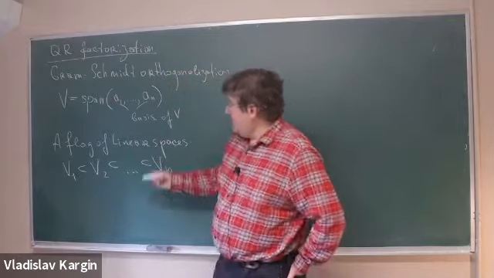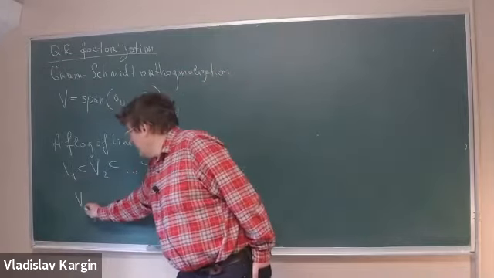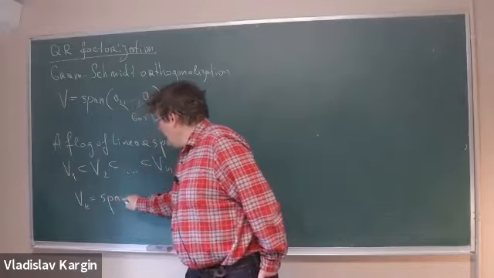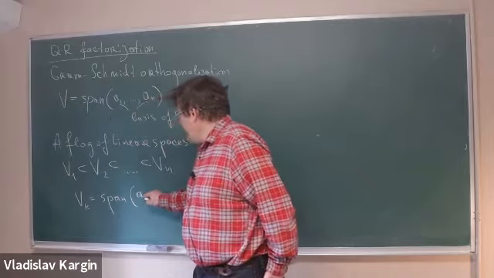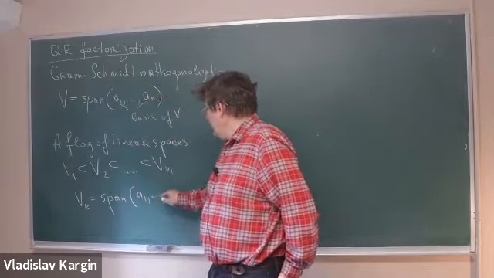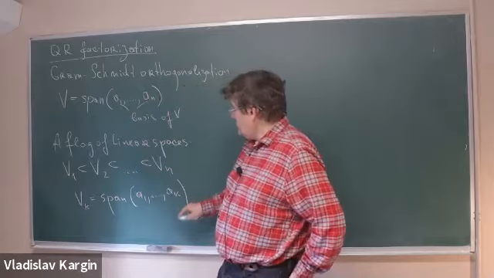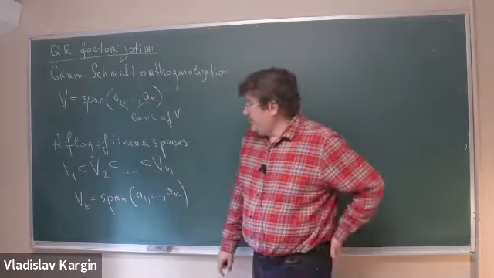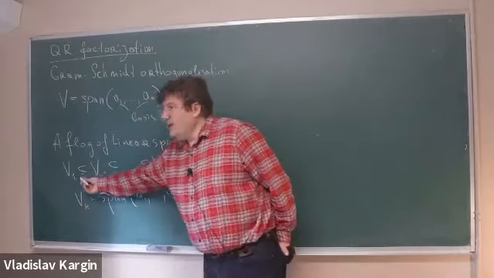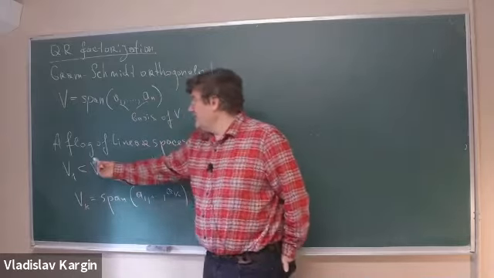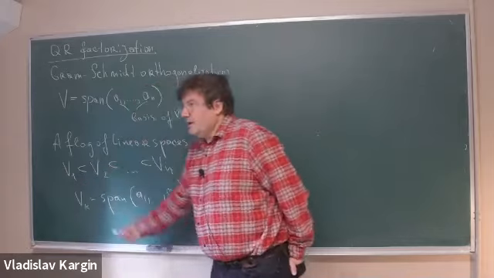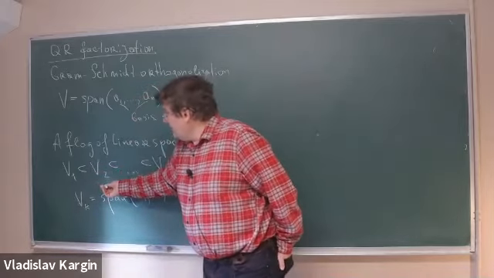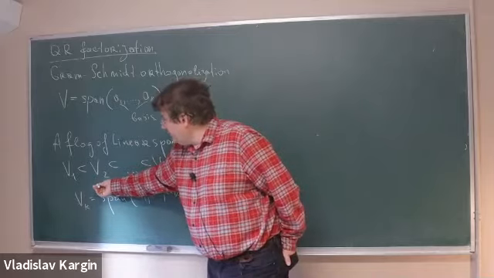In this specific example, Vk is just the span of A1, ..., Ak. And you want to build an orthonormal basis such that the first element Q1 would span V1, Q1, Q2 would span V2, and so on.